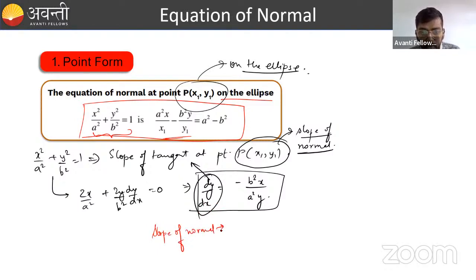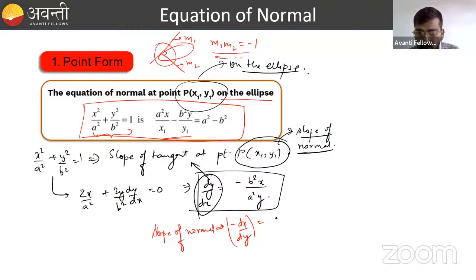At a point, if you draw tangent and then you draw a perpendicular line also, then the product of these two slopes, consider this is m1 and this is m2, then m1 m2 is given by -1, right? So the slope of normal will become minus dx upon dy, correct? So minus dx by dy, which will become a square y upon b square x. Okay. So you can check this out here. Correct.